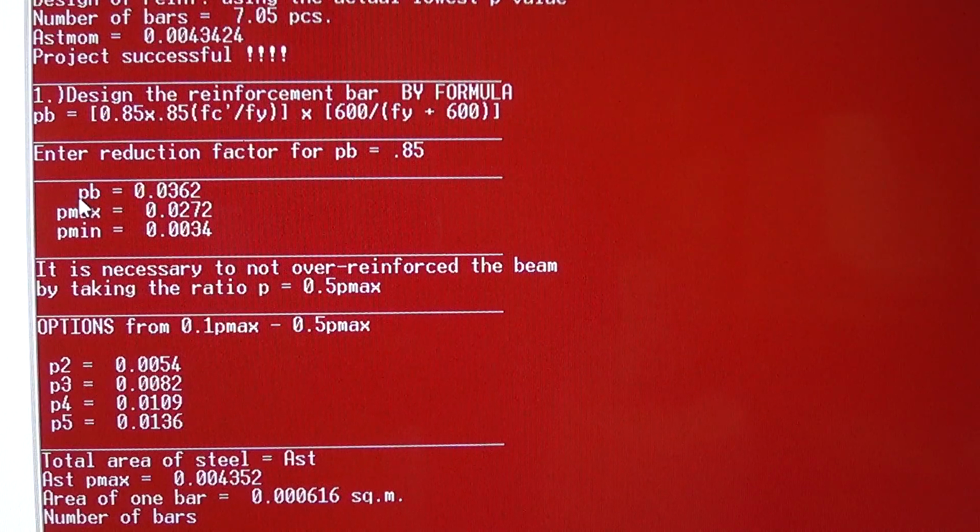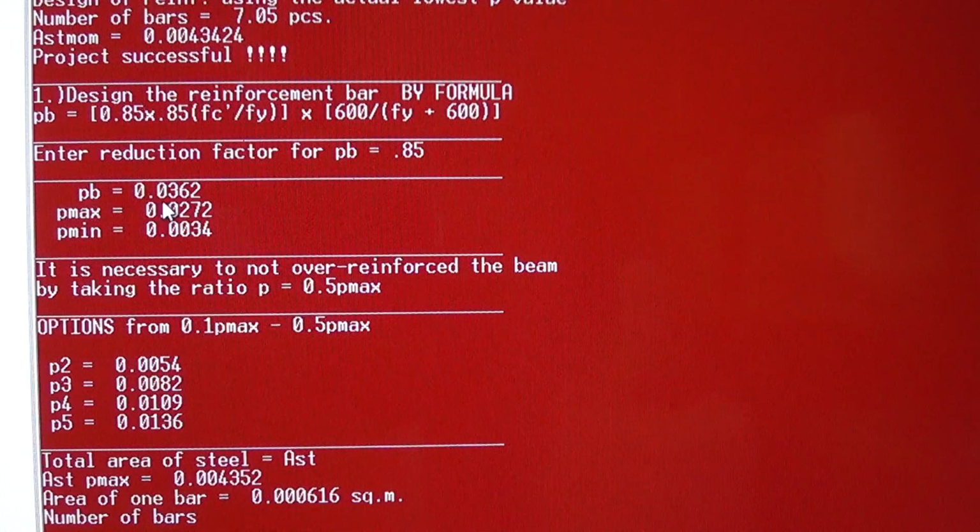This is the reinforcement balance ratio. 0.0362 is almost identical. This is a coincidence. The theory versus the formula, usually they don't have the same P balance result right here.